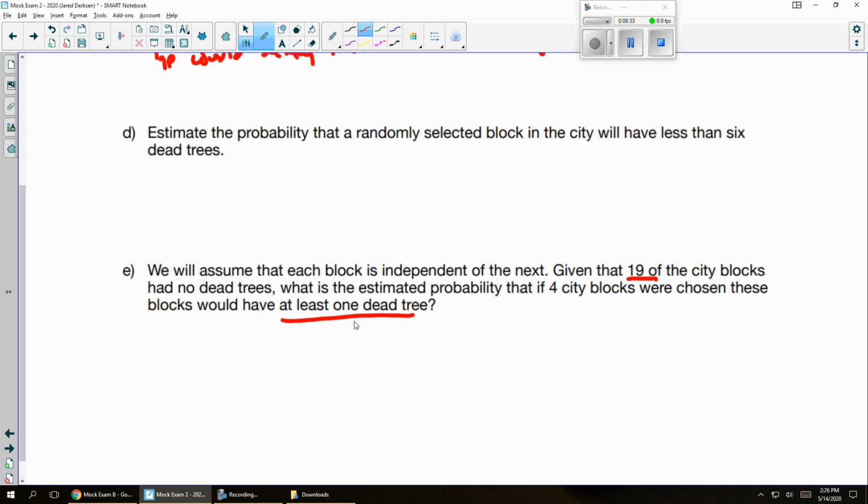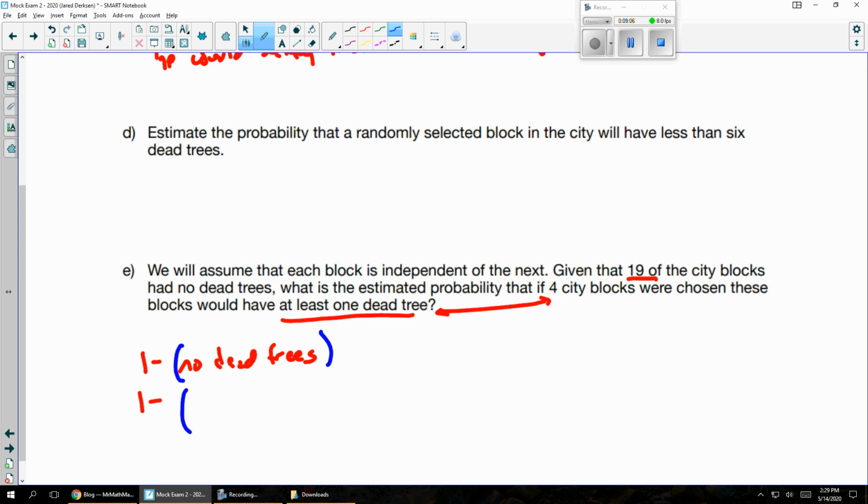And so there's a couple of ways to look at this problem. One of them is to say, look, if they're going to have at least 1 dead tree, I could also do 1 minus no dead trees. All right, well, what's the probability that there's no dead trees? So getting no dead trees, I'll do that in blue. Well, it's no dead trees.